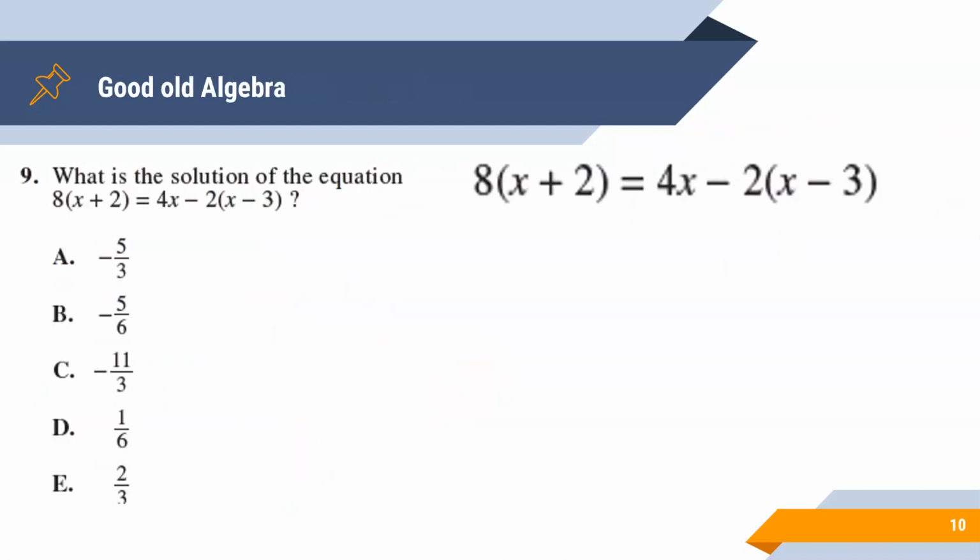There are some good old algebra questions to do. So here's a nice example, right? And notice the answer choices are fractions. Well, I think we all know what to do here. We would do distributive property, right?